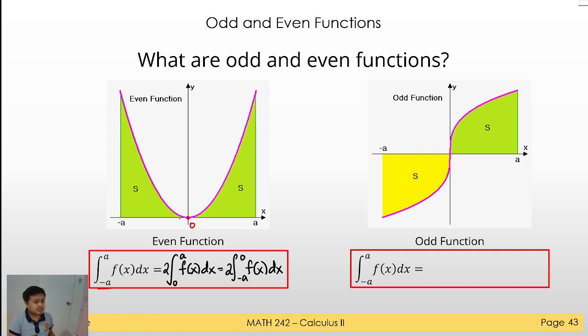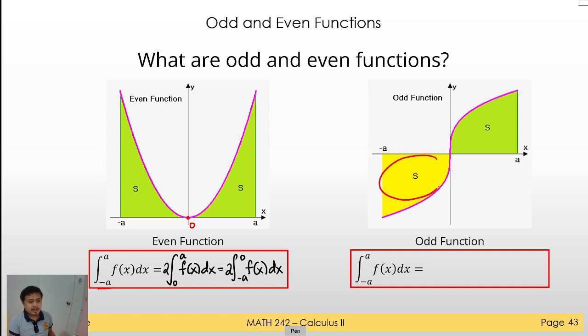Now, for odd functions, if we flip this with the x-axis, we will have this curve, right? And if we flip this again with the y-axis, this will be coincident. That is the definition of an odd function graphically. If you want to find the integral of an odd function, from negative a to positive a, then we're trying to find the area under the curve with relation to the x-axis.